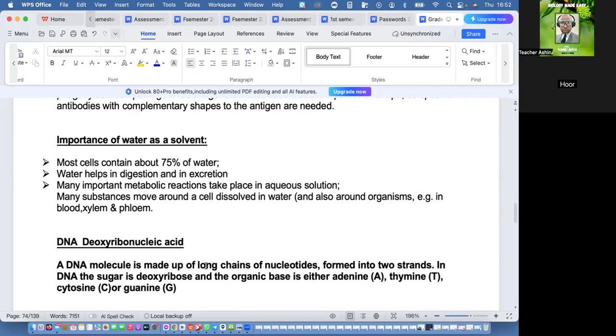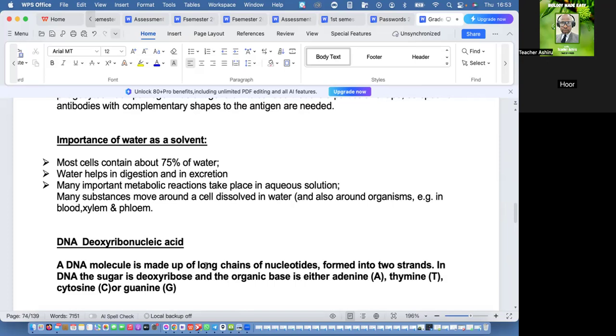Okay, very good. Importance of water as a solvent. Most cells contain about 75% of water. All the cells in your body are in liquid state, because most of the cell is 75% water. Water helps digestion. Without proper intake of water, you have challenges with digestion of food.